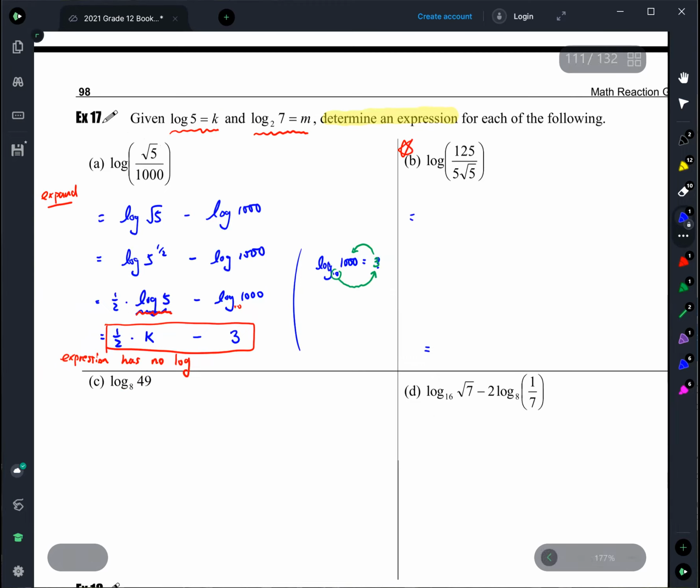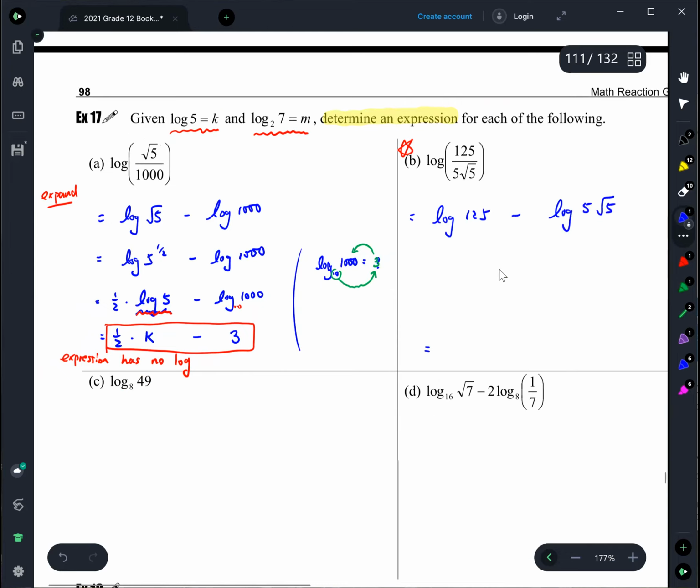I have log 125 minus log 5 root 5. Okay, log 125 minus log 5 root 5. And Marcus, did you do anything after this line?